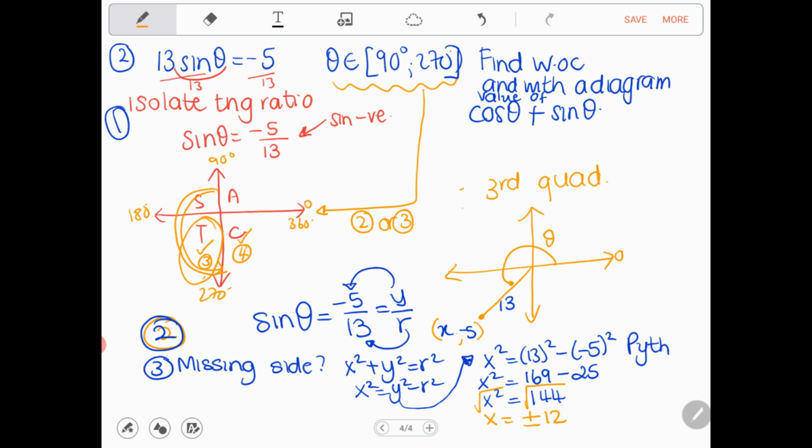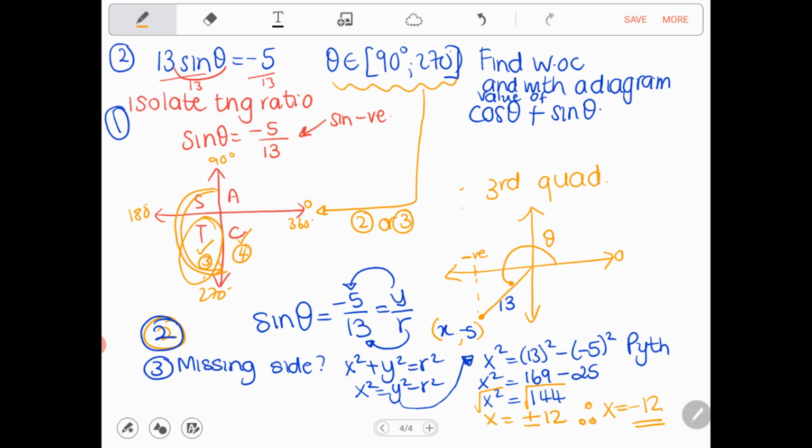Okay, so in the third quadrant, is x positive or is x negative? Well, look here, my x is going to be negative. So that means I have to choose the negative 12 for the x, because I'm working in a quadrant where x should be negative.